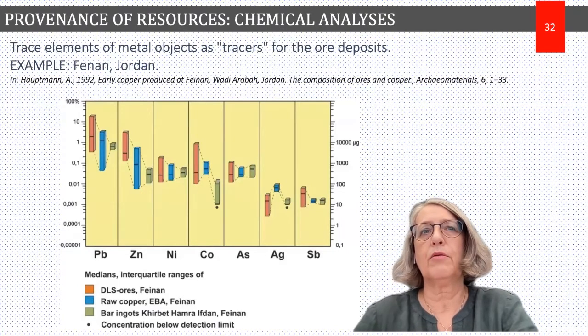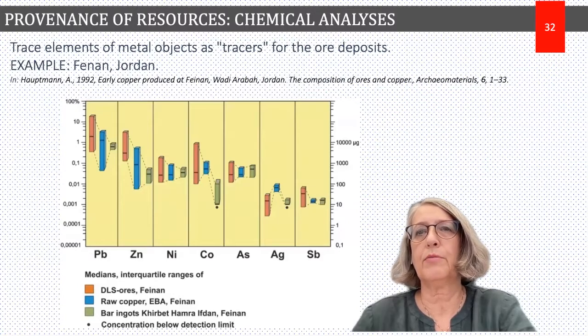In order to trace the ores that have been used for the production of objects, different analysis methods are used. First, elemental composition is compared in original ore and the objects. In this example from Feynan in Jordan, copper ingots were compared with ores.